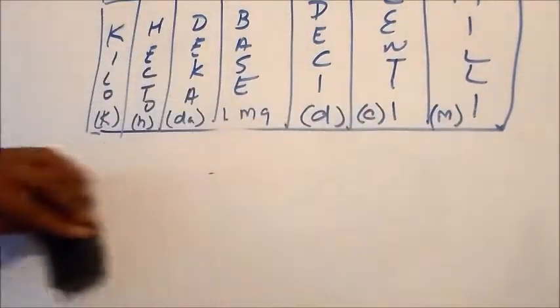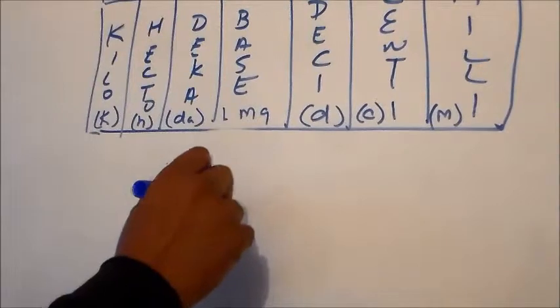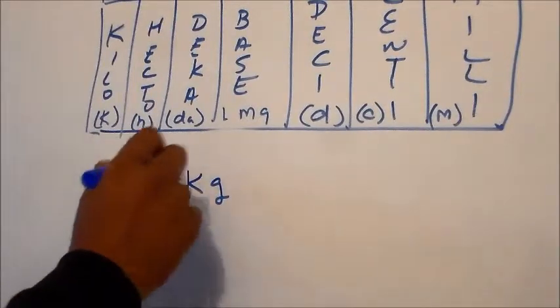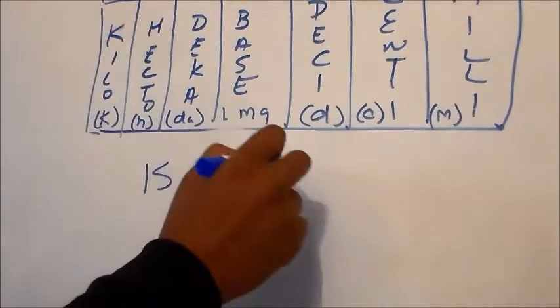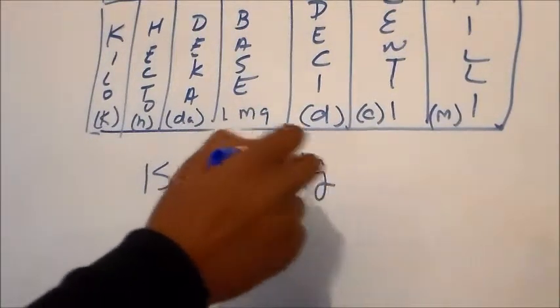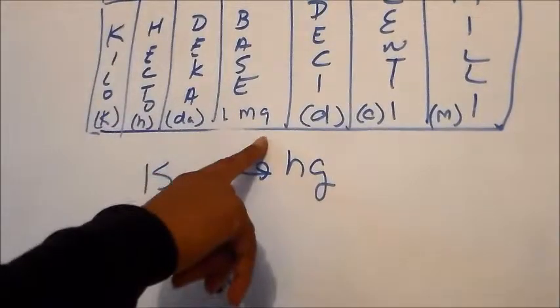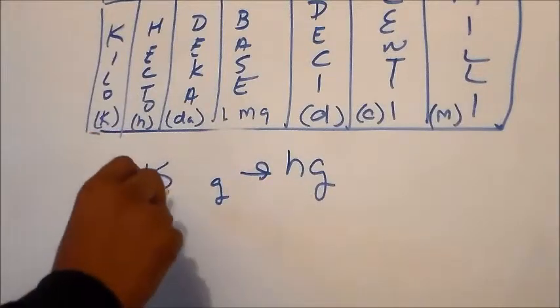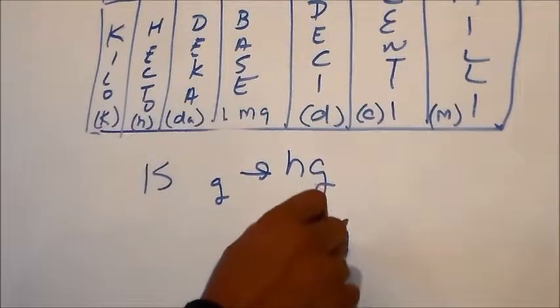And last but not least, 15 grams, and we're going to change to hectograms. Gram is the base unit, 1, 2 places, so it'd be 0.15 hectograms.